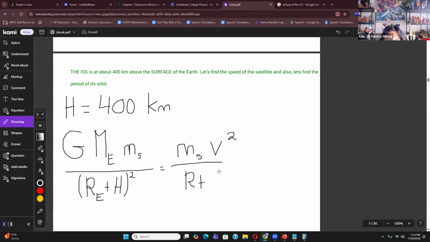There you are. And look, I don't know the mass of the ISS. I only know how far it is. Just by knowing how far it is, I can find this. I don't need a mass of the satellite. All of these cancels with one of these.